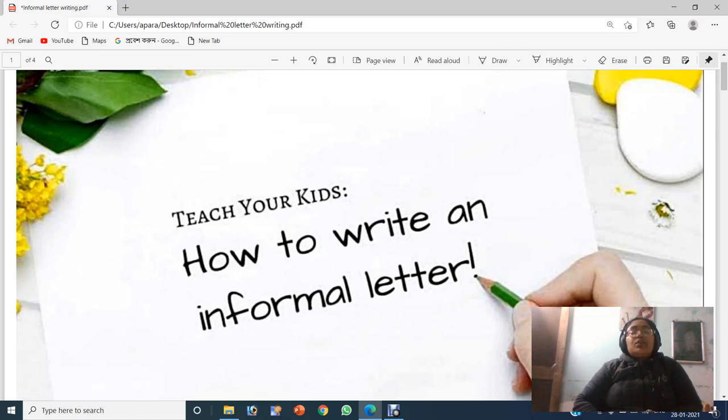Now, there are two types of letters. One is formal or official letter, and the other one is informal or personal letter. Since we have done official or formal letters beforehand, today we are going to start how to write an informal letter.